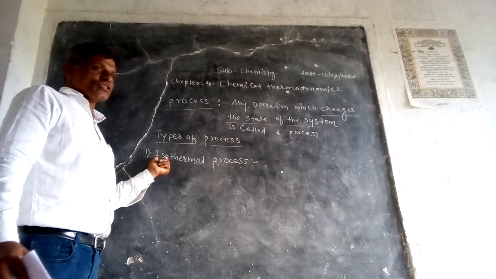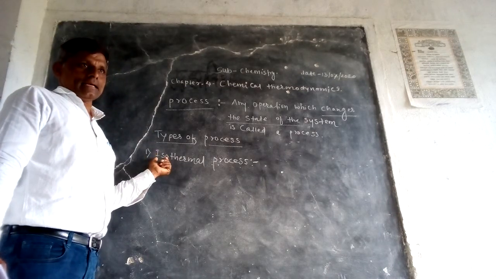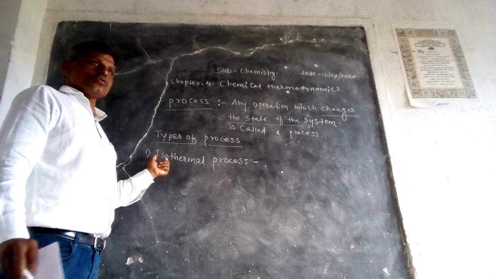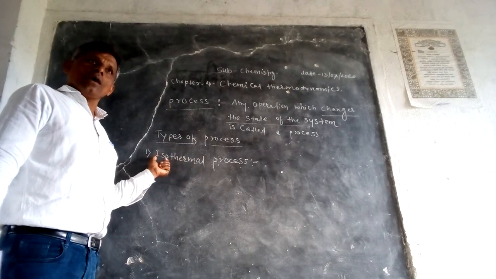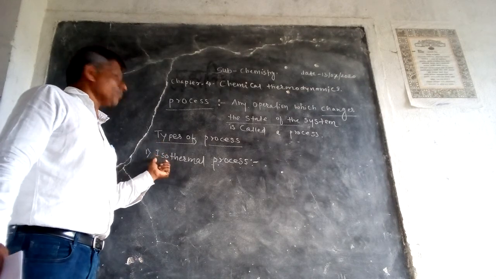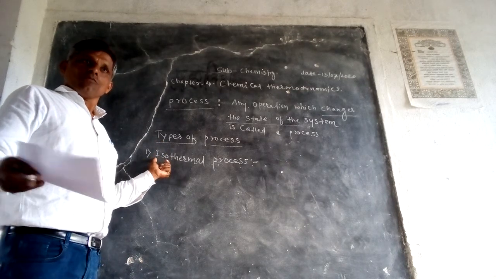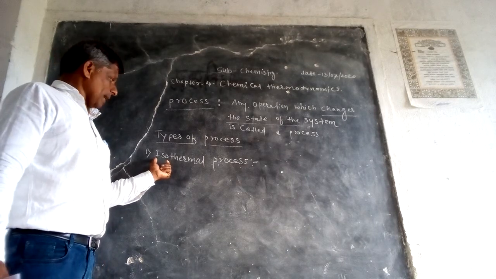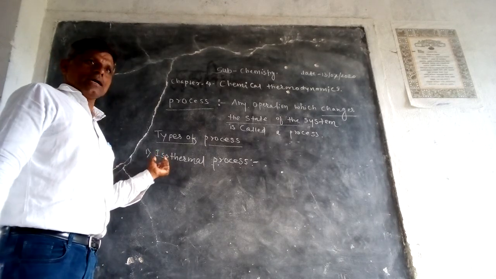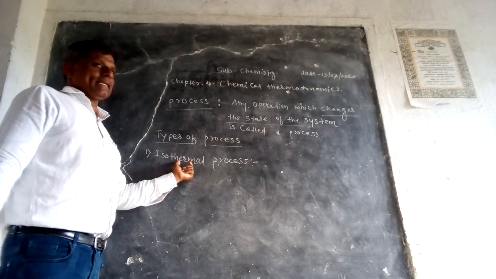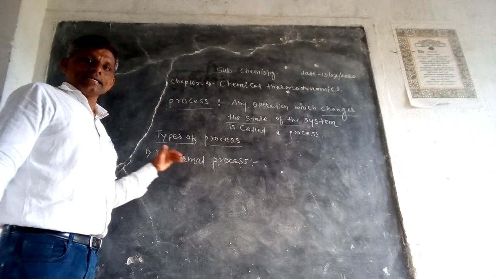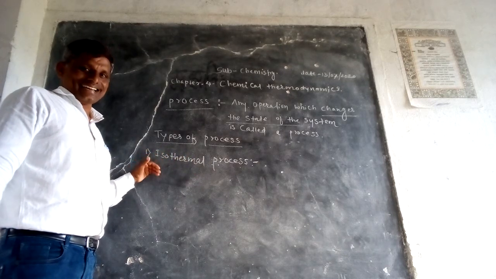What is the meaning of iso? Very simple. Chemistry is a very simple subject. Here we have to go through the meaning of the word itself. The meaning of the word itself implies what should be the content of the definition of this type of process. Iso means same, thermal means temperature, a process in which the temperature remains the same.